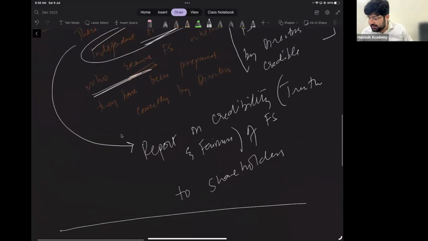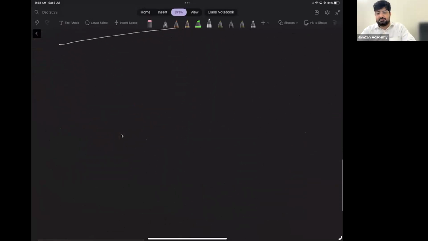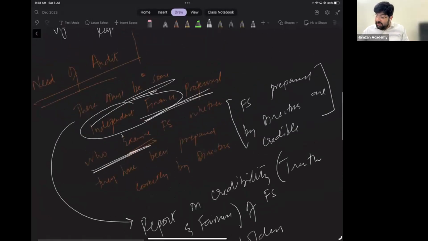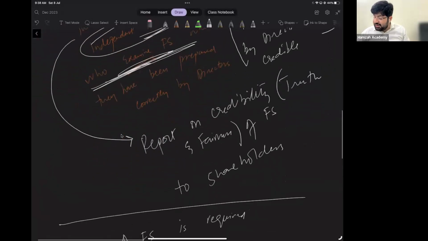The next point is, so students, we have understood why audit of financial statement is required. First of all, what audit is? We have understood that it is an independent examination of financial statements and then report on credibility of financials.